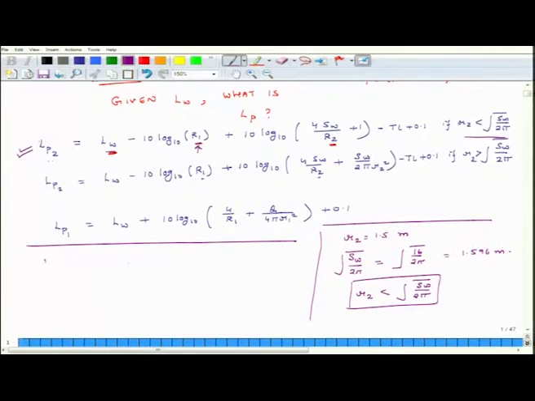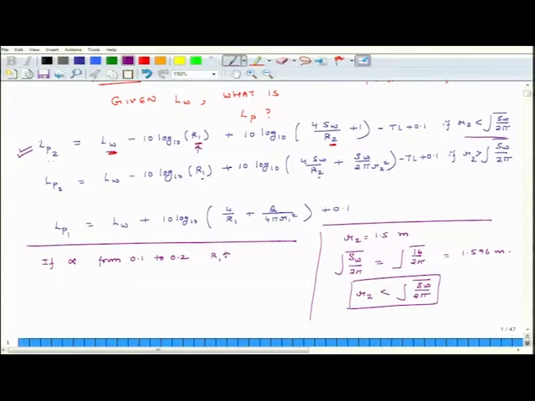Typically, if you increase alpha bar from 0.1 to 0.2, as alpha increases, what will happen?